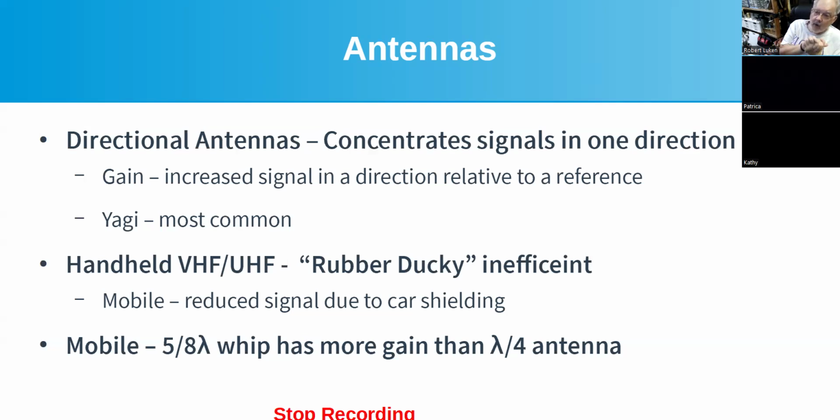So if you're putting 100 watts into that antenna, say it was a vertical, then that 100 watts is spread around in that donut. So the surface of that donut is going to be your 100 watts divided by whatever that surface area is.